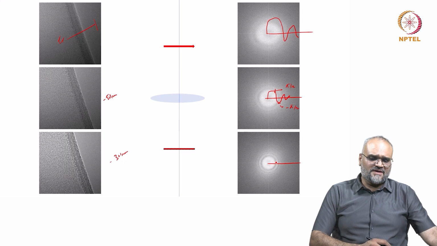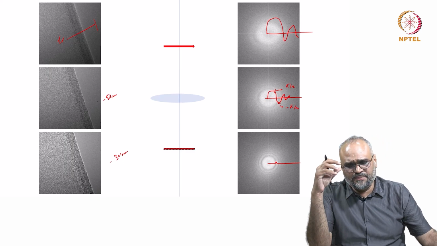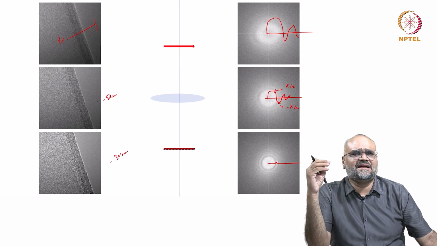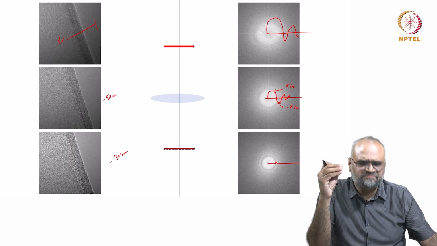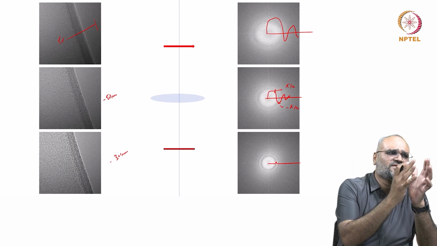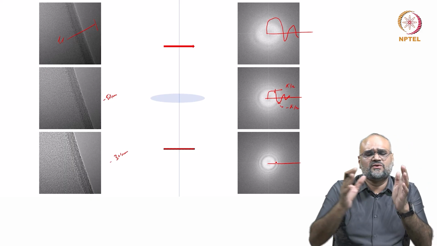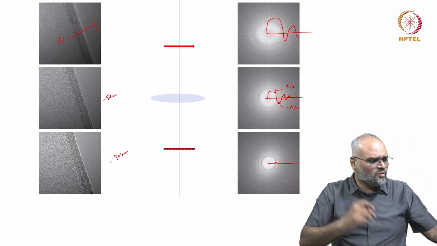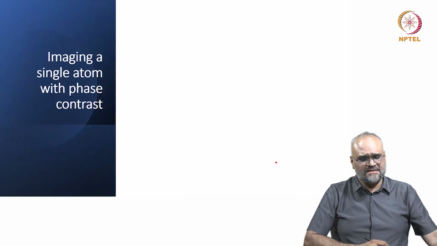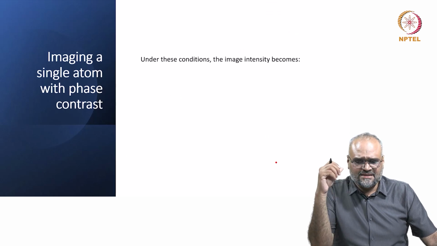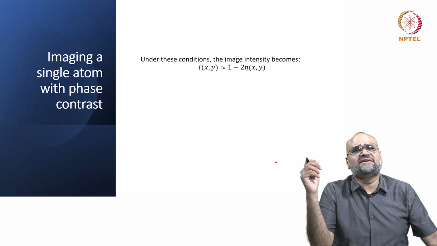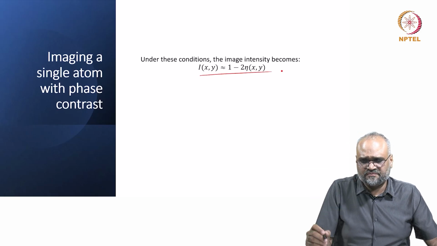So if I want to build on this and understand how the contrast from a high resolution image varies from an isolated atom to a periodic arrangement, what I need to understand is that with a single atom, the phase contrast that is induced can be written in terms of an expression like this.